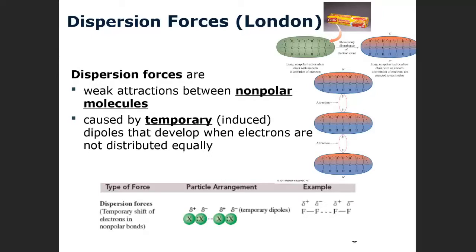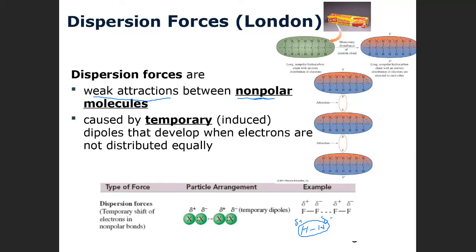The dispersion force or the London force is a very weak attraction force, and it is between non-polar molecules. Let's have an example: the fluorine atom or the hydrogen atom. When they are bonded together, they will make a molecule, and this molecule is a non-polar molecule because the electrons are distributed equally. But for instance, there will be a temporary or induced dipole, so on one end it will be partial negative and the other end it will be partial positive.